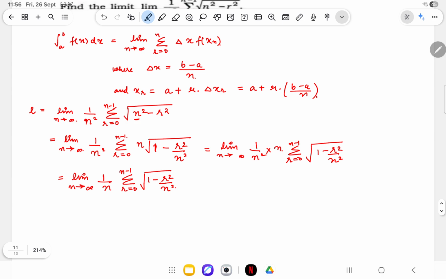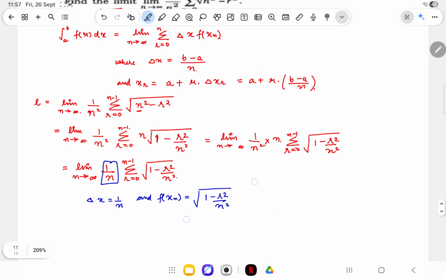Now you see that our limit is reduced to the required format. We have our del x as basically 1 by n, and f of x_r is basically under root 1 minus r square by n square.